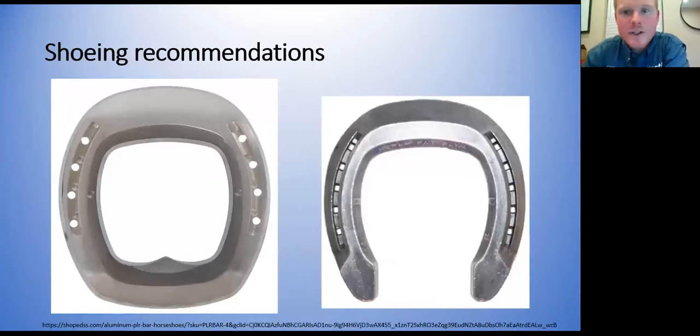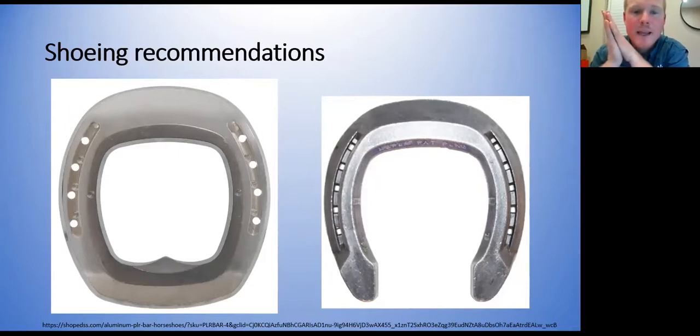So some horses too, in terms of giving them support and balance of their foot, I think you have to look at the overall shoeing and the overall generalized purpose of your shoe. And so this is another question that I'll have: would you do open heel or closed heel?